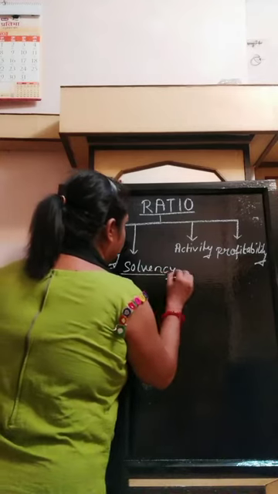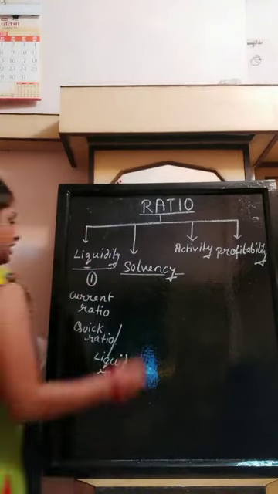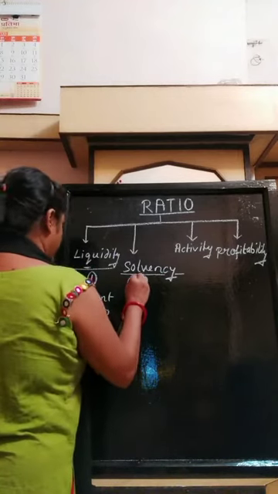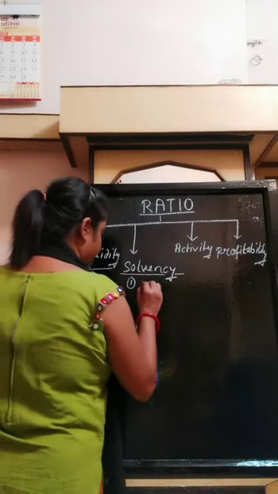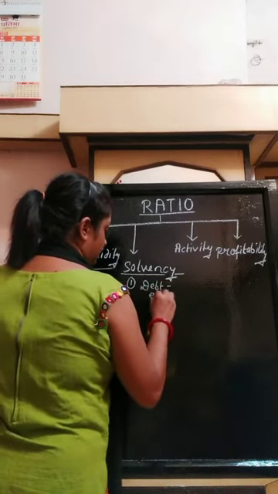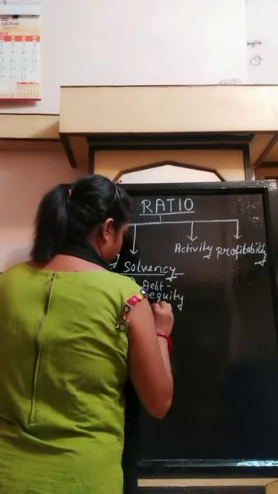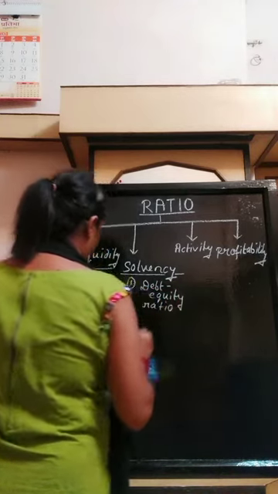Now we move to the next category, that is solvency ratio. Under solvency ratio various types of ratios are there. For example, debt equity ratio. Very important.